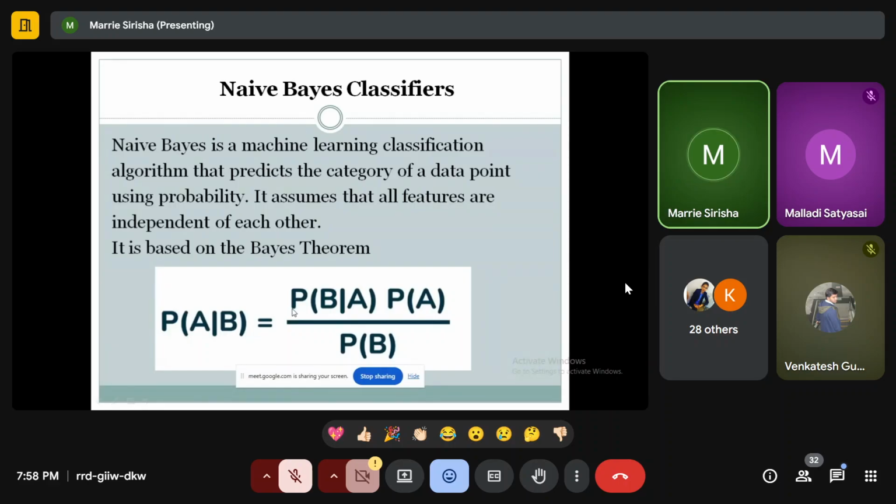That is equal to probability of B by A multiplied by probability of A, whole divided by probability of B. This is the Bayes theorem formula. So you need to be aware of this formula.